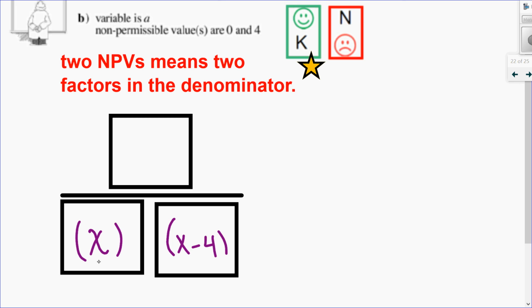Oh, we were supposed to use a's. My mistake here. I should not use x's. I need to use a's. There we go. And I can have anything I want in the numerator. Let's say we have an a squared, for example. So that would be a rational expression, variable a, with non-permissible values of 0 and 4.